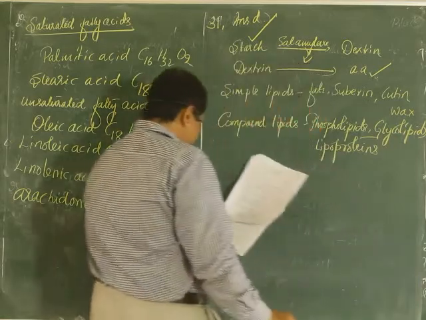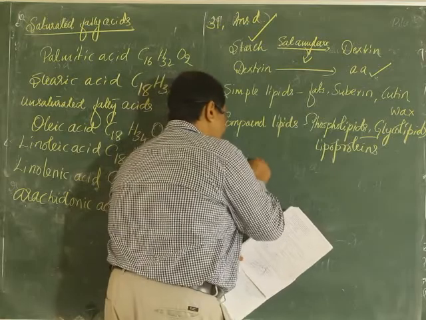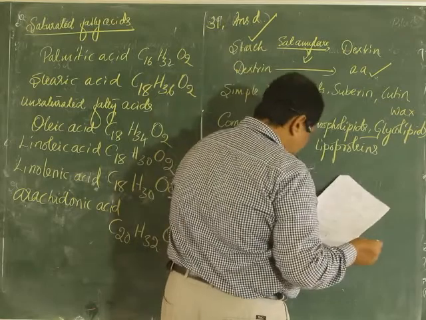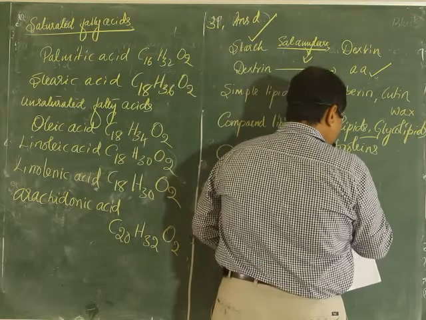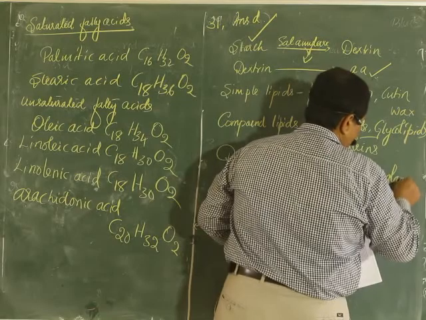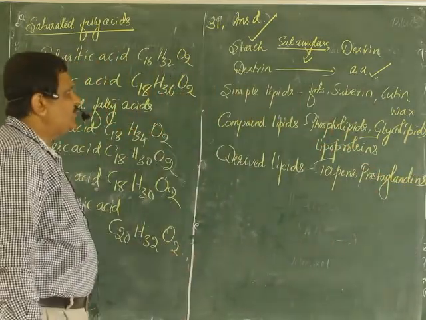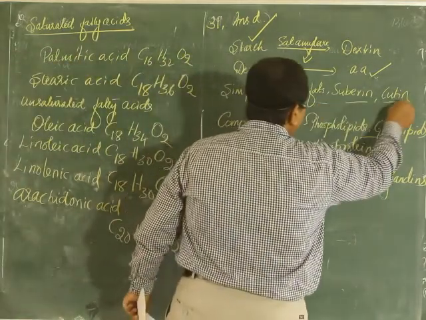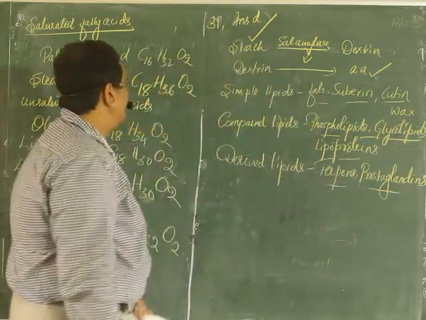And then derived lipids are terpenes and prostaglandins. So, my dear students, you should remember the names of these different types of lipids. Try to remember this as much as possible, okay?